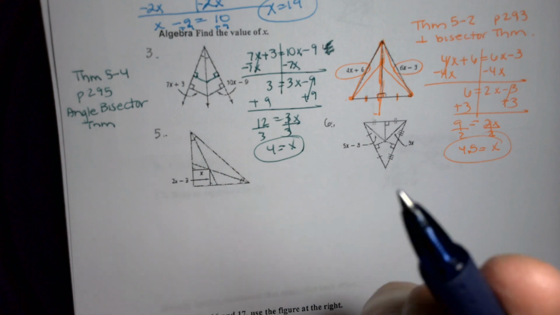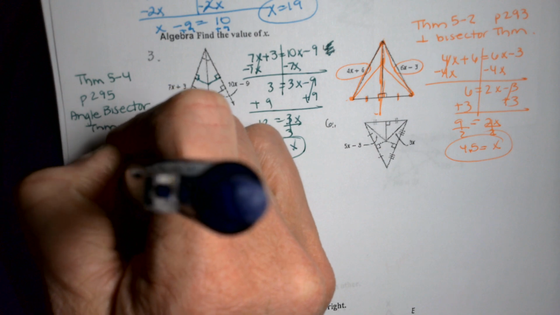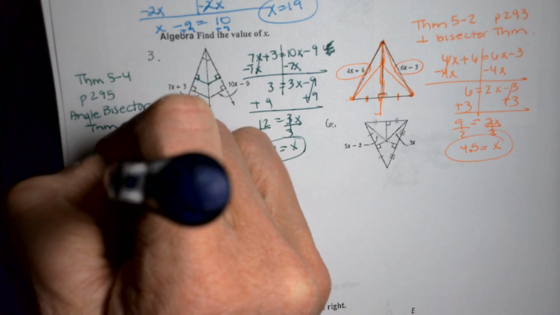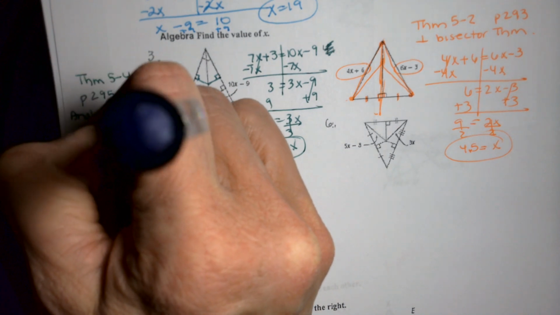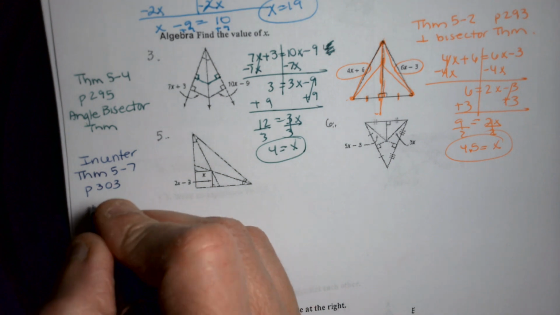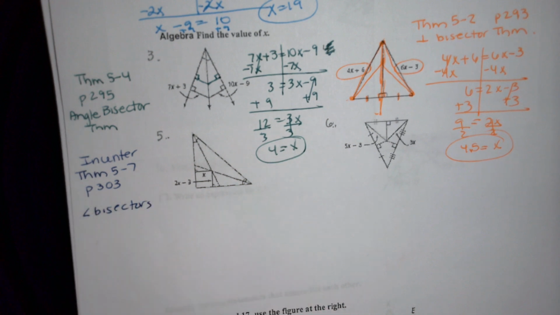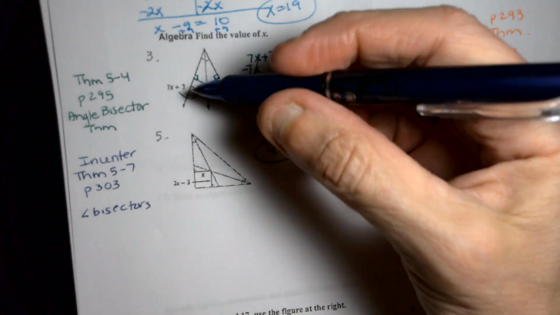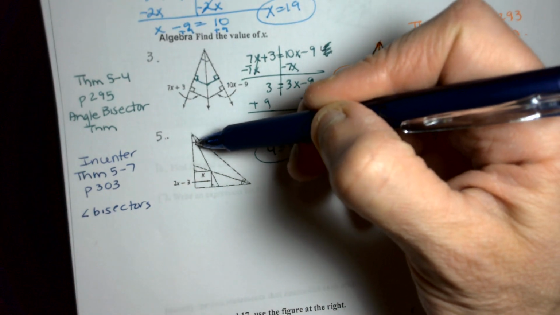This one is theorem 5.7 on page 303, talking about the incenter. What were the incenters? That's when you take all of the angle bisectors and where they meet. So see how this one is the bisector? I can tell because these are the same.